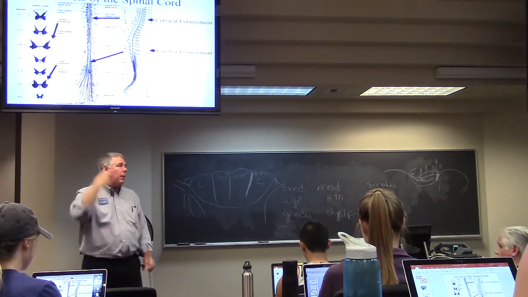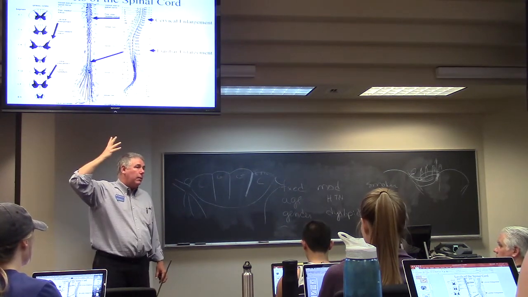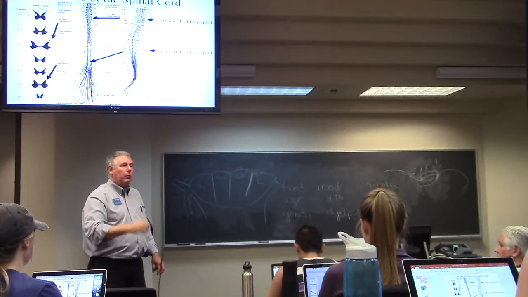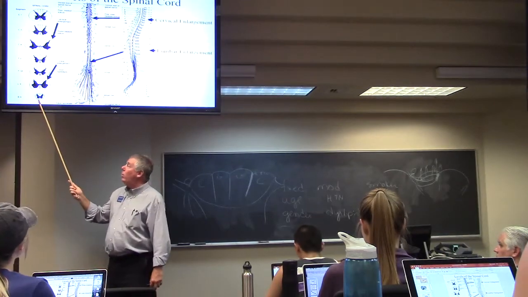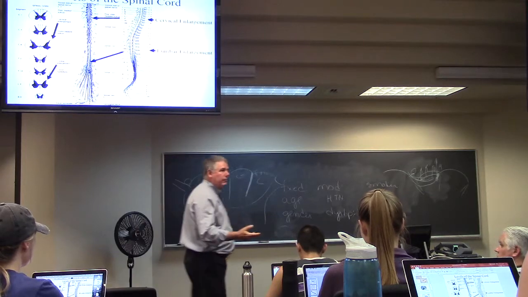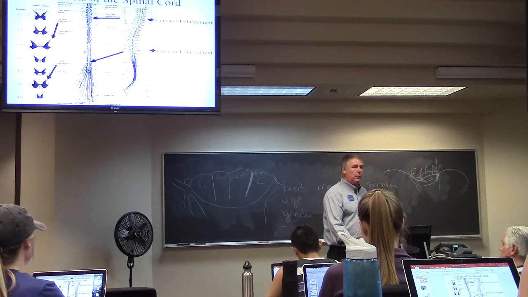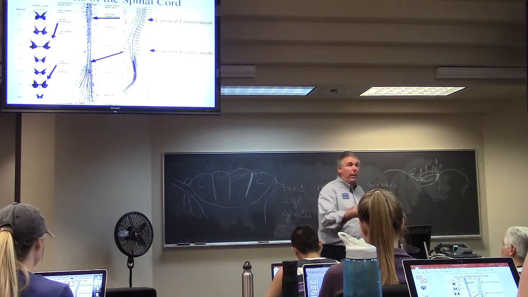Why? Because it's up here where everything has to go down and everything has to come up. It's going to be minimal down here in the lower sacral region, where the only sensory input you have is from your anus and around your perianal area. You don't have that many fibers going up or down.